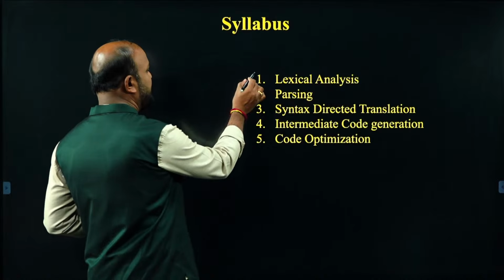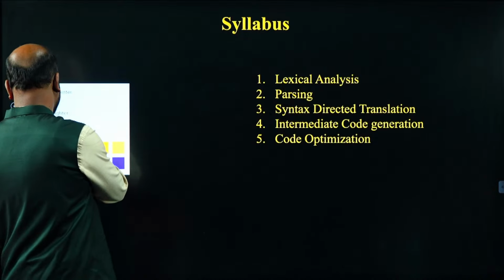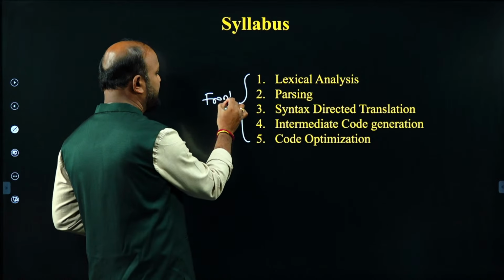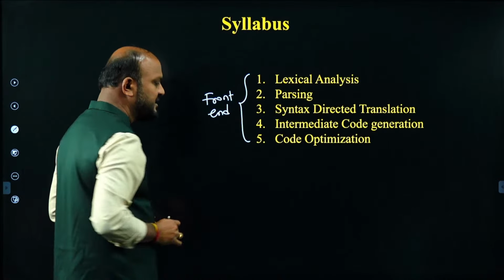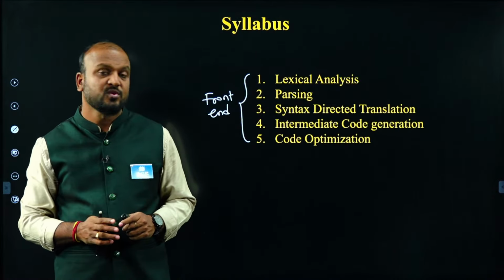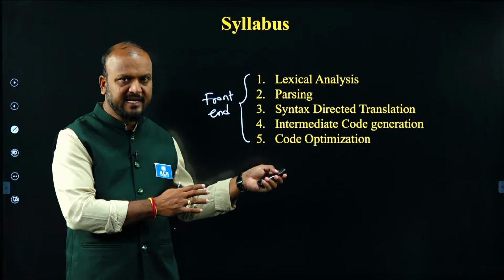These five phases are called the front end of the compiler. And the back end part consists of target code generation and machine dependent code optimization. That is not part of the syllabus of compiler design.